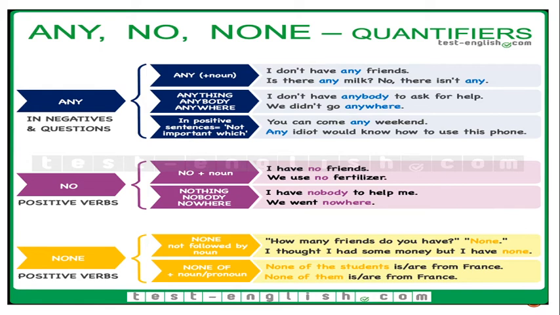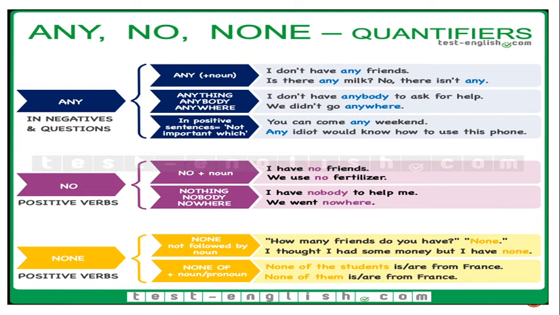Next, any, no, none. We are using any in negative sentences and questions. In negative, we have to use it before a noun. I don't have any friends. Is there any milk? So we are using the quantifier any in the negative statement and a question sentence. I don't have anybody to ask for help.